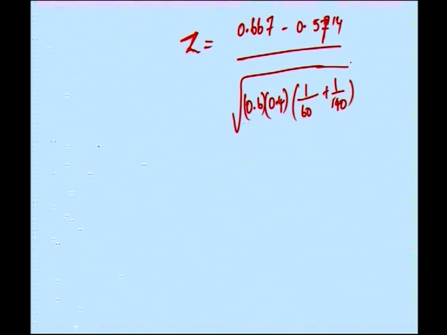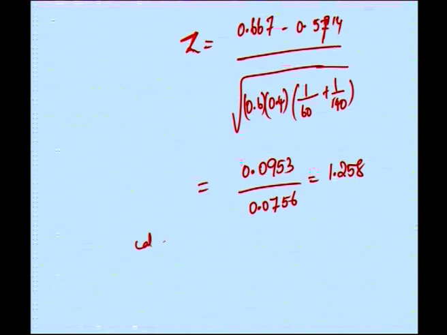Now, in this problem we have calculated N1 and N2 also from the percentage, from the proportion, okay, and this answer comes to be 0.0953 divided by 0.0756, and the answer is 1.258. Calculated Z at 5% is equal to 1.258.